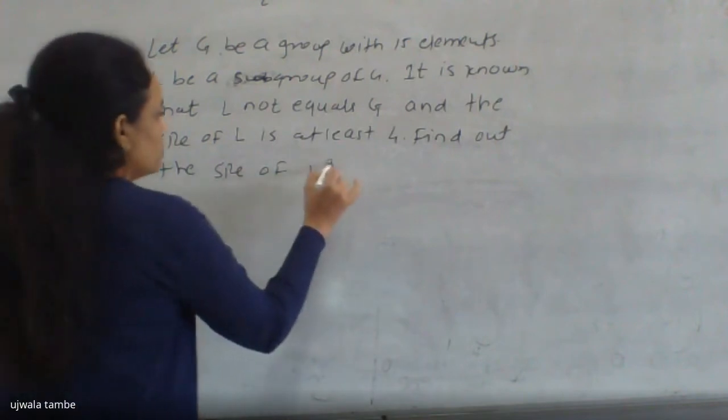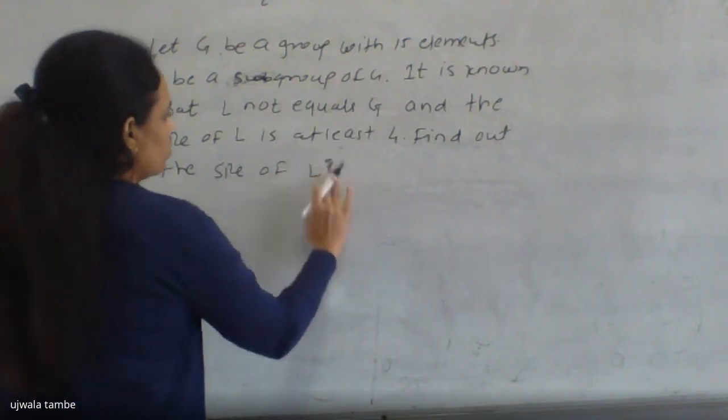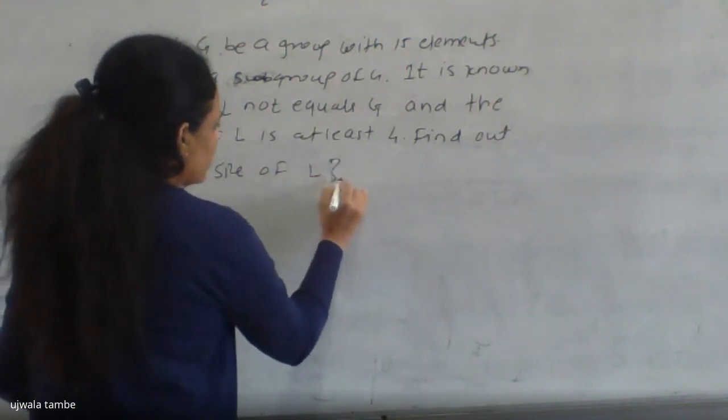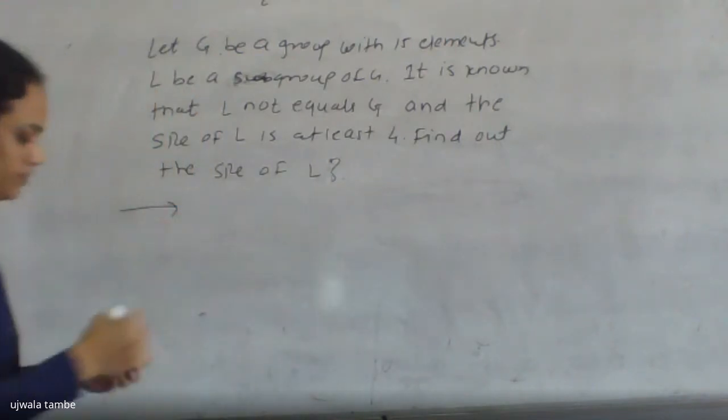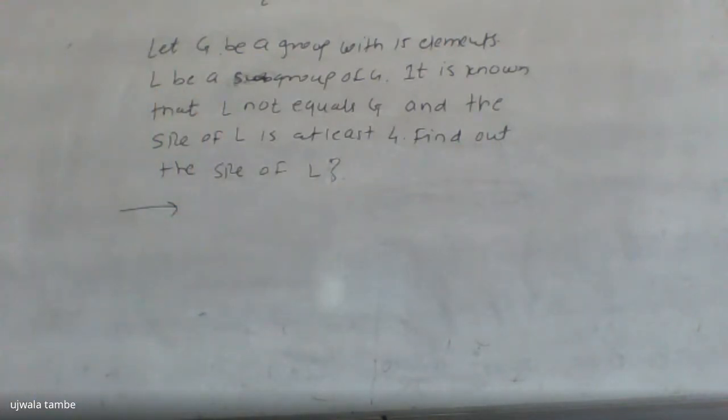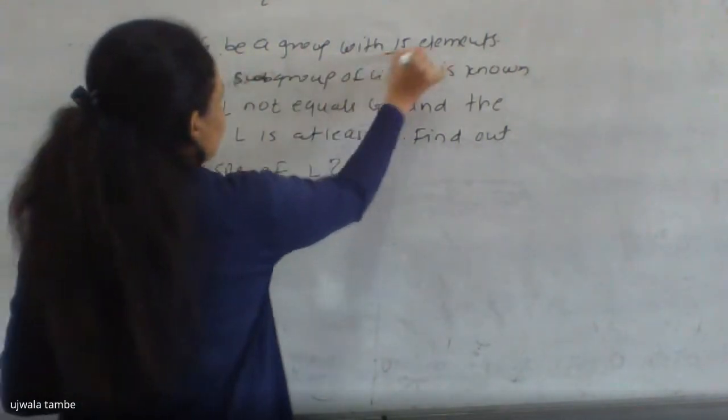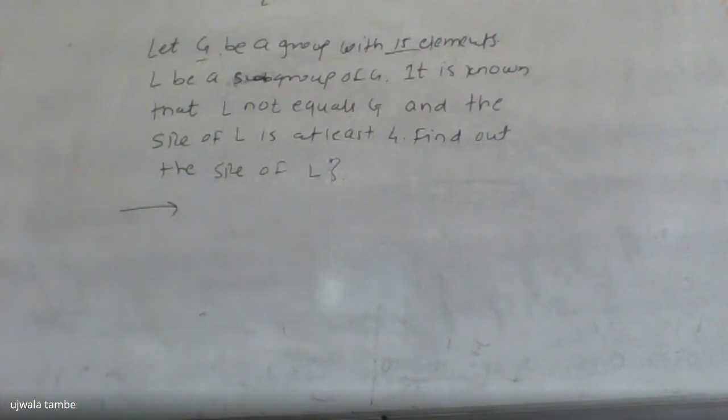So try to solve it using the Lagrange theorem. I am going to give you one hint over here. The size of G, 15, is given. So recall the definition of the Lagrange theorem and try to find out the size of L. Also, you have to check the conditions which are given in the question.